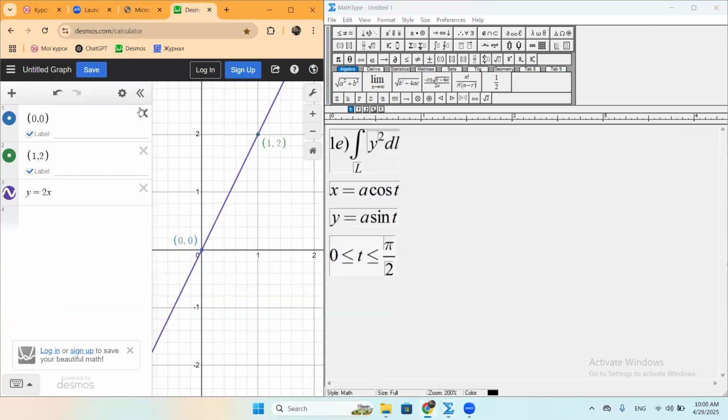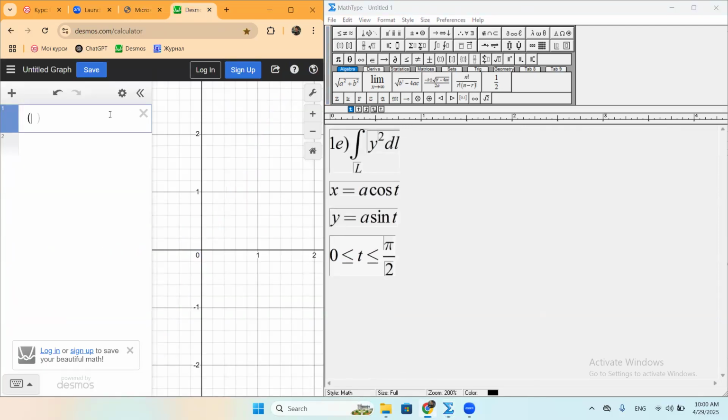So actually it is the quarter of the circle that is in the first quarter. So, how to calculate this integral?